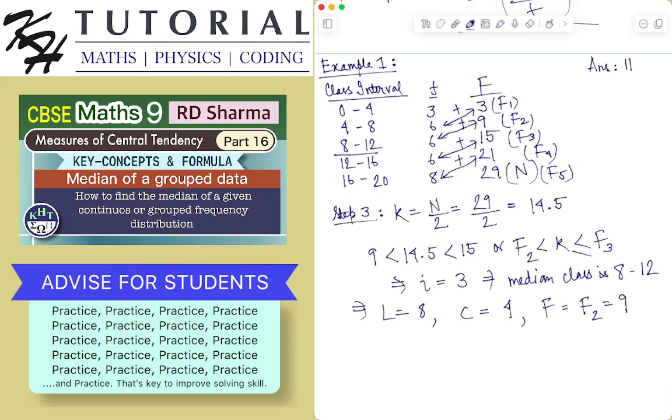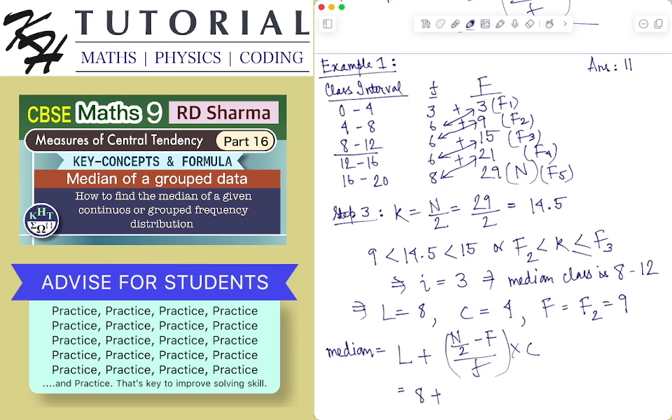Okay, so now I can calculate the value of median. So median is L plus (n by 2 minus capital F) whole divided by small f, and this multiplied by C. L is 8.